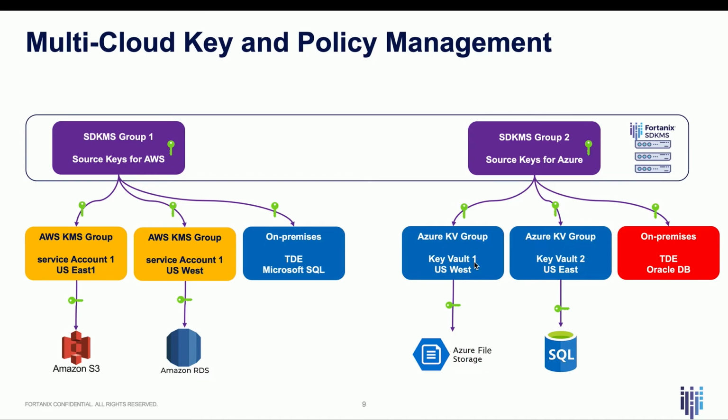So you can create two or multiple groups of type key vault, select the first key vault, then the second key vault, region 1, region 2, and similarly, you can use the keys that you're managing from self-defending key management service in Azure PaaS services such as Azure File Storage or Azure SQL. And the same key you can actually use for on-premise Oracle TDE as well.